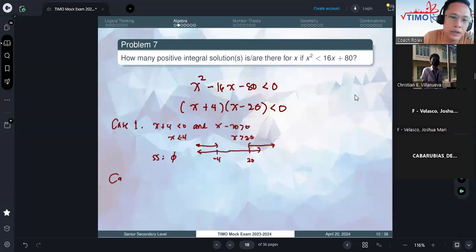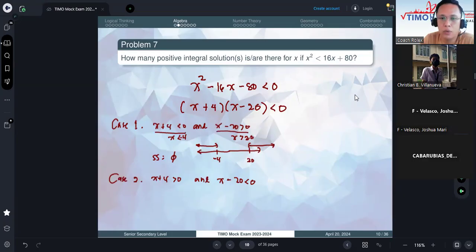The cases we are going to have here are the cases when the product is negative. If the product is negative, that means that one of the two factors is negative. In case 1, we assume that the first factor is negative and the second factor is positive, and we arrive at an empty solution set.